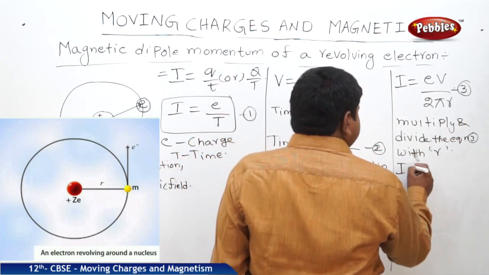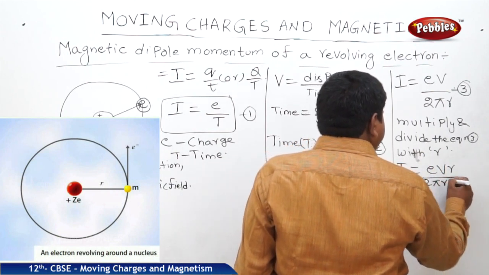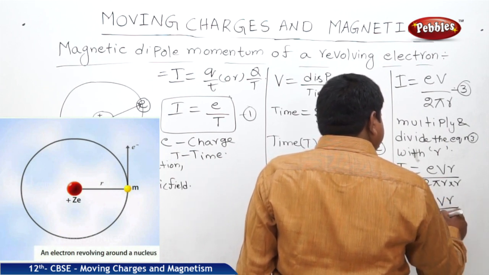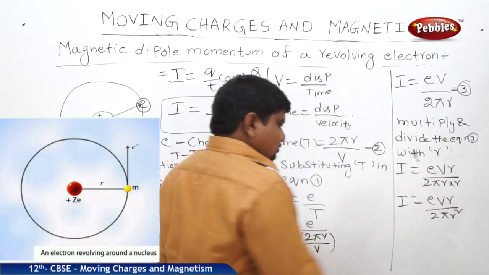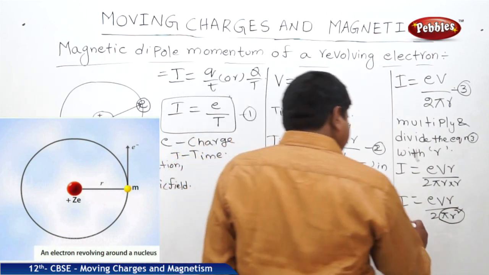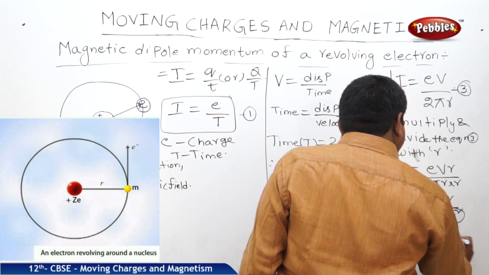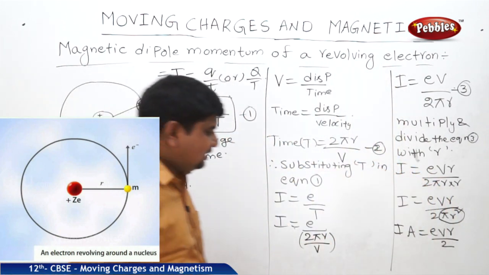So therefore I is equal to evr by 2 pi r into r. Therefore it is evr by 2 pi r square is equal to I. So what is this pi r square? Area. So IA is equal to evr by 2. What is this IA? Magnetic momentum.